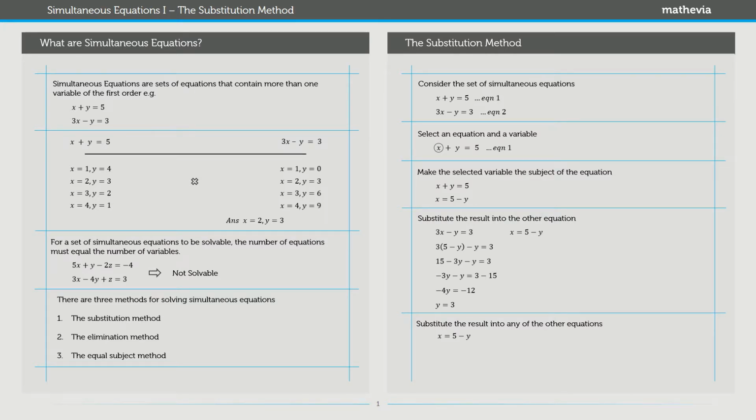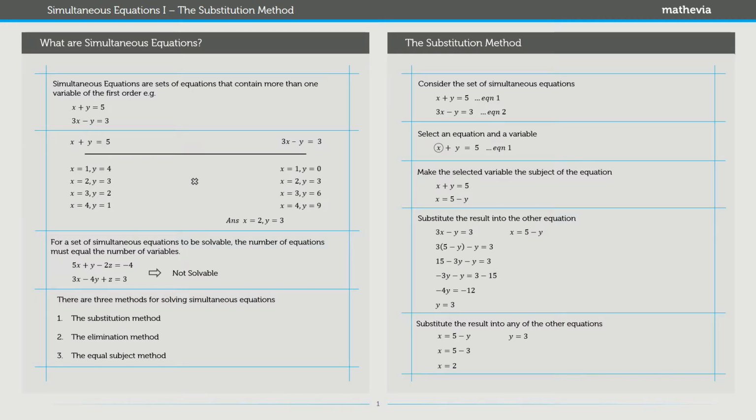So we have x plus y equals 5, x equals 5 minus y. We found that y equals 3, so we use this to find x. That tells us x equals 5 minus 3, so x is 2. And that is how you solve a set of simultaneous equations using the substitution method. We arrived at our answers: x equals 2 and y equals 3.